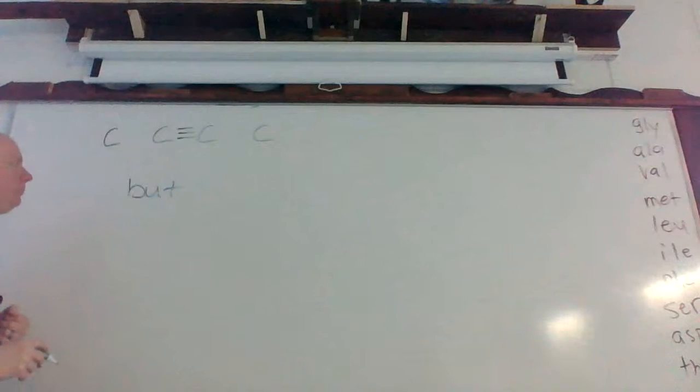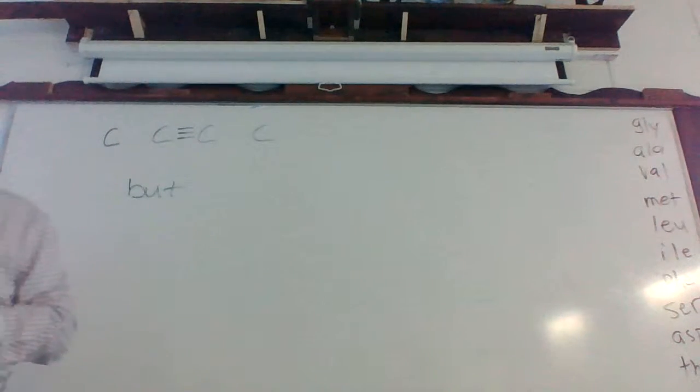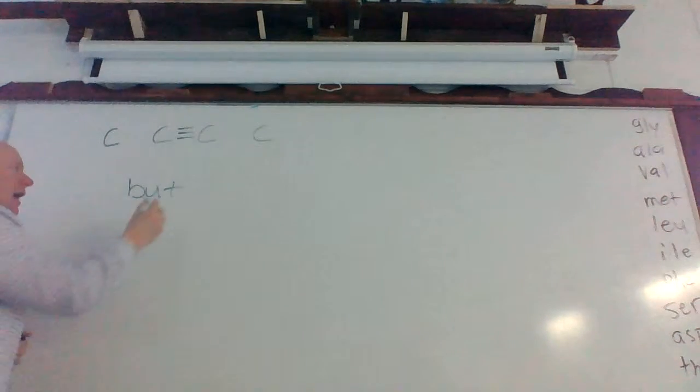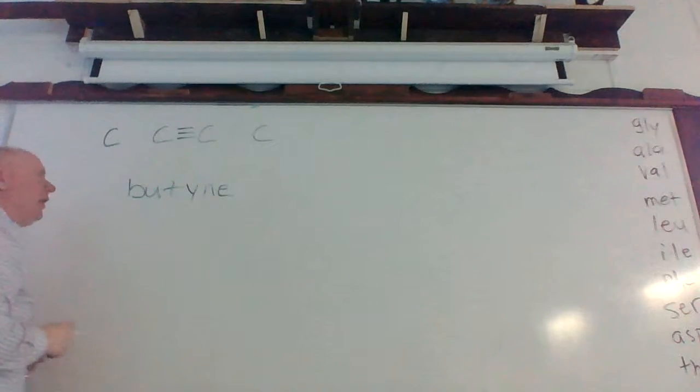Now, the suffix for a triple bond is not ane. We just finished those. That's an alkane. This is a what? Yne, because it's an alkyne.